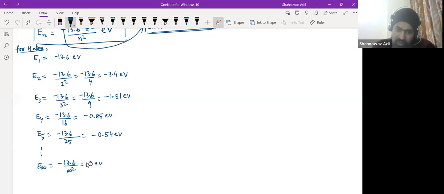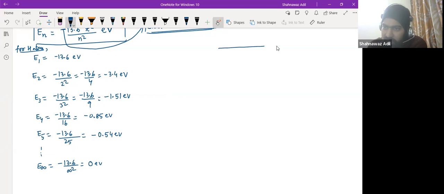So zero electron volt in the very last orbit. After that, the electron is not bounded, and it would be outside the boundary of this atom, free to move anywhere. So this would be the energy diagram.